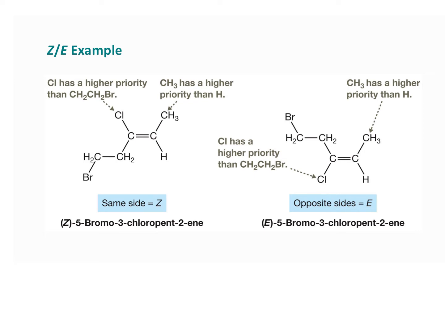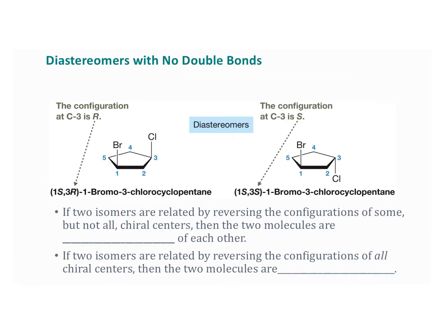Now, diastereomers don't necessarily have to have a double bond. So let's look at an example like that. We have these two molecules, and they're diastereomers of each other. The two structures have the same molecular formula and the same connectivity, but they're different molecules, and they're not mirror images of each other either. If they were enantiomers, these two stereocenters would be flipped.